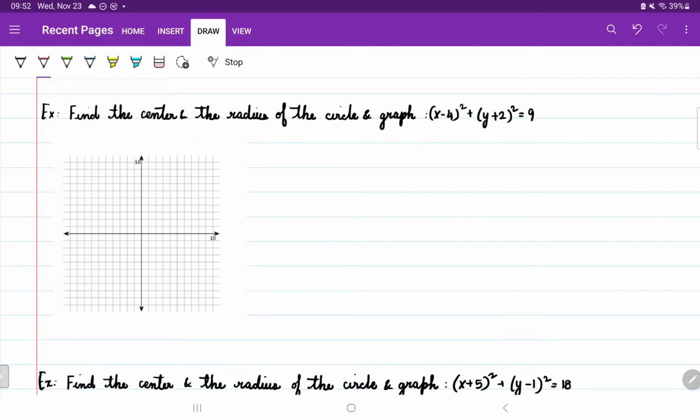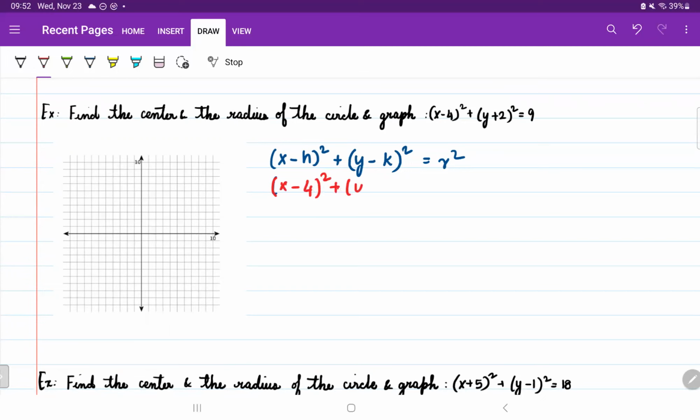Okay, let us first begin by writing the formula again. We have x minus h whole square plus y minus k whole square equals r squared. Under this, we write our equation that we are trying to solve.